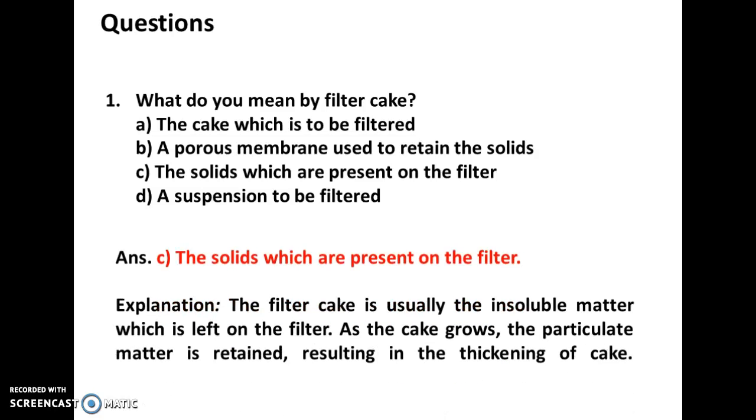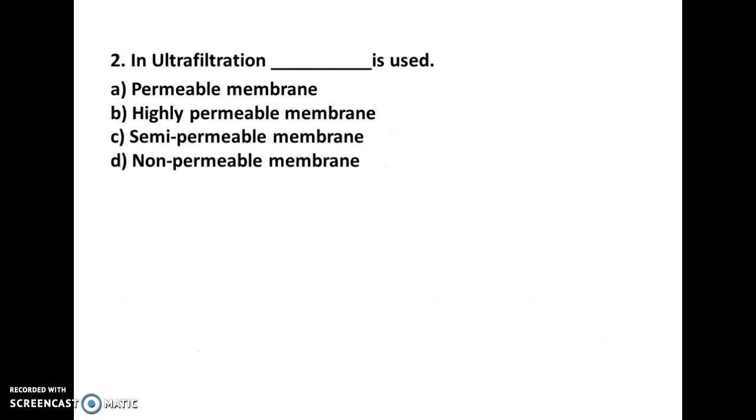The correct answer is the solids which are present on the filter, that is option C. The explanation is that the filter cake is usually the insoluble matter which is left on the filter. As the cake grows, the particulate matter is retained, resulting in the thickening of the cake. So this is the first question, which is related to filtration.